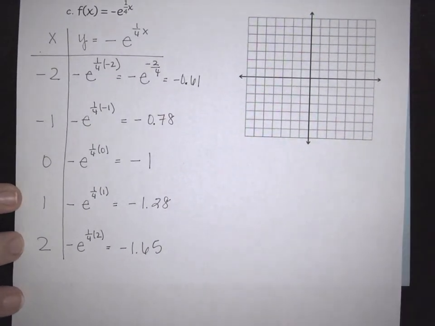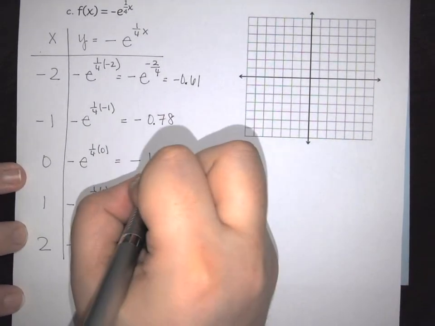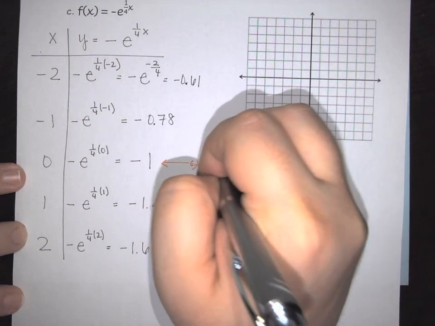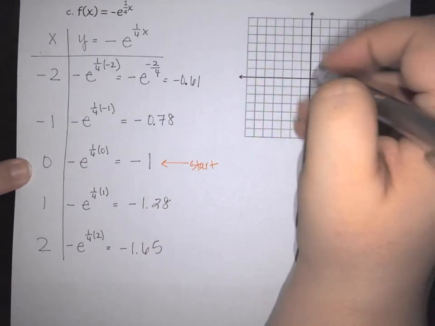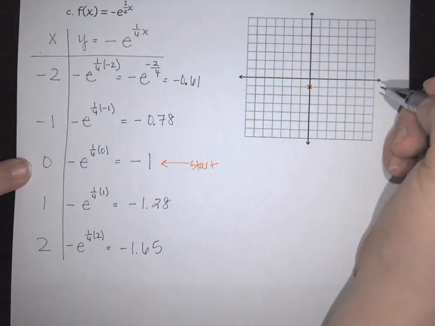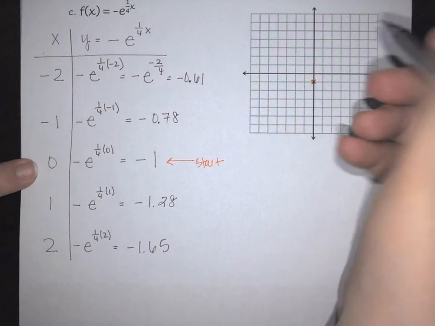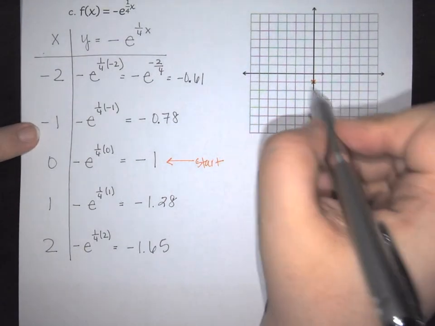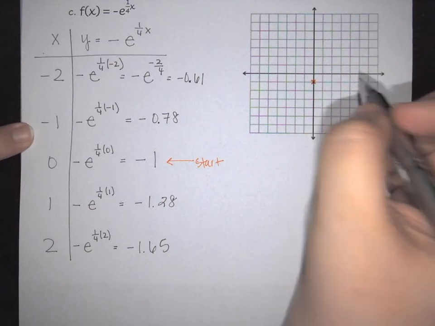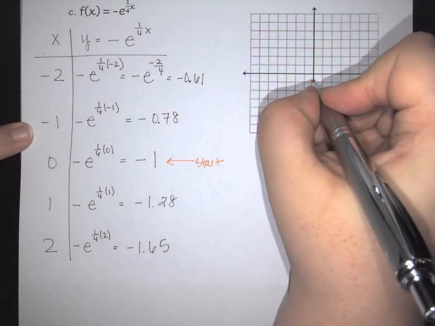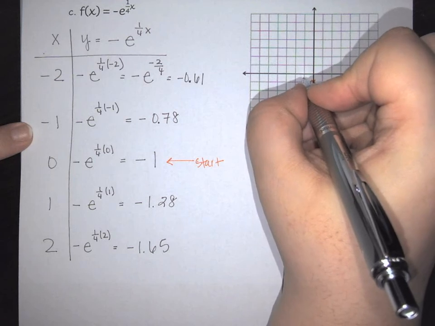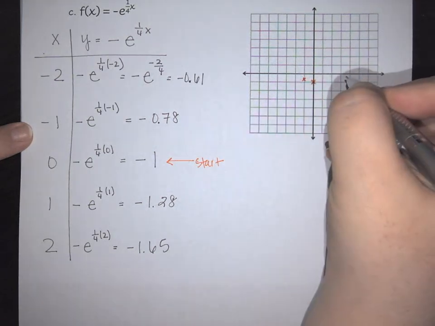So with this, we have to graph. The first place where I would start is right here at your whole number, and we have the point (0, -1), so that's right here. And then it's just a matter of graphing them in general. You can start with your negatives and then work positive, or vice versa. It's up to you. Here at -1, we have -0.78, so we're not quite down at -1.